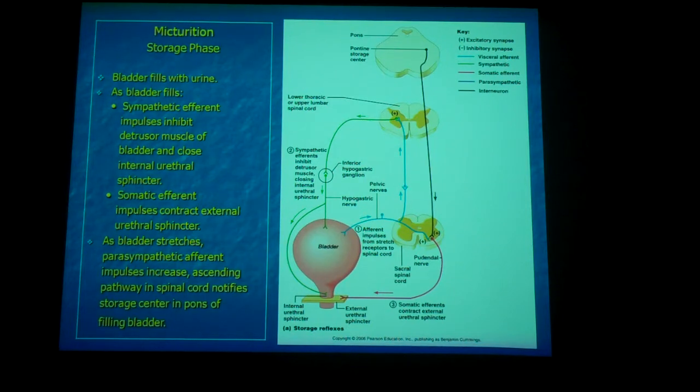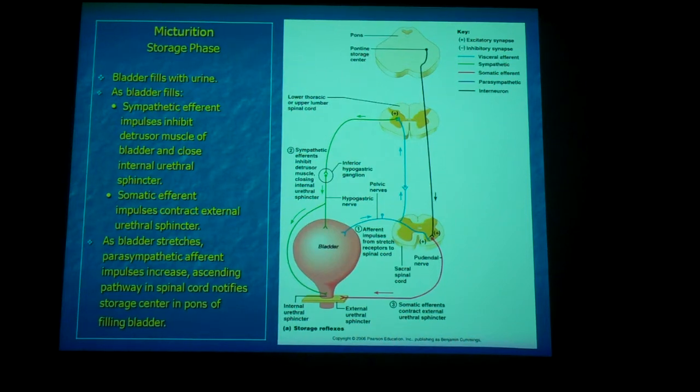As this bladder fills with urine, the stretching of the bladder initiates some afferent or sensory input to the sacral cord via parasympathetic fibers. That results in motor activity, efferent impulses back to the bladder to cause the bladder muscle to contract, and you feel the urge to empty the bladder.